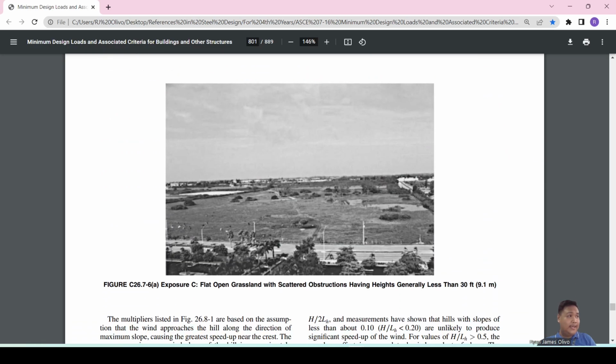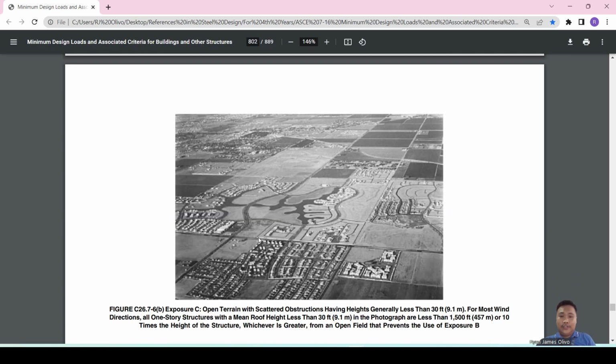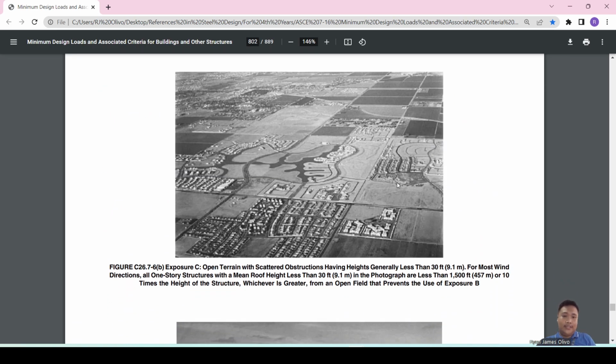This is not very hard. For flat open grassland like this one, there is little obstruction, or the obstructions are scattered. Consider exposure C. This one also has scattered obstructions.